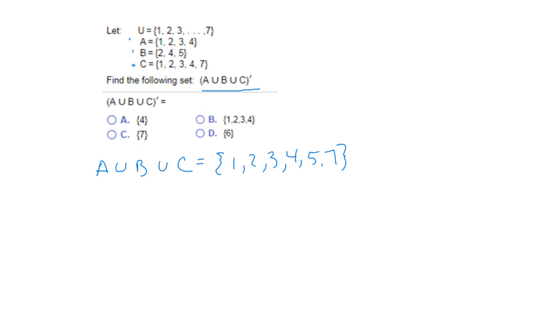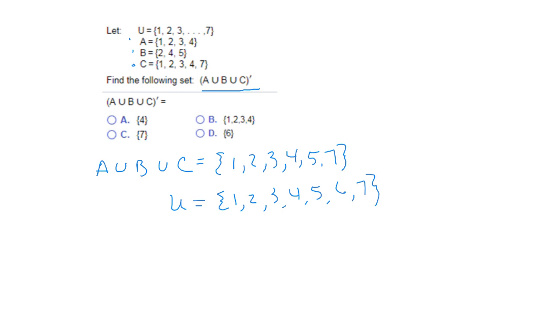All right, now that's not what we wanted, but we do have the A union B union C. The next thing we want to look at is compare this to the universal set. So if I place the universal set right below here, the universal set starts with the number 1 and ends with the number 7. So I will go ahead and list each one of the elements so that we can see the universal set in its entirety.